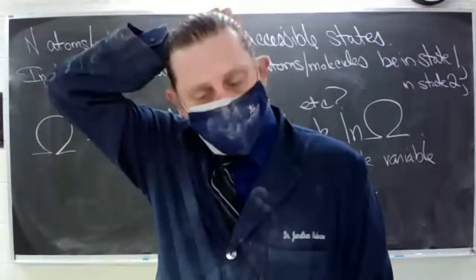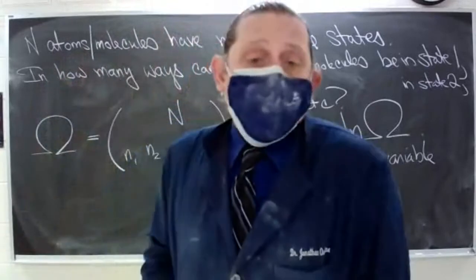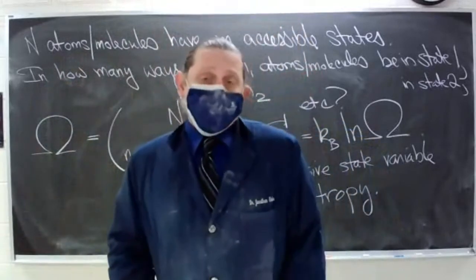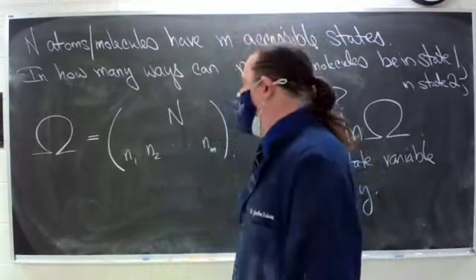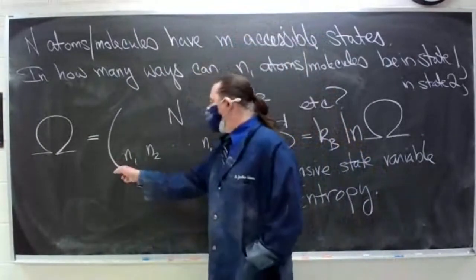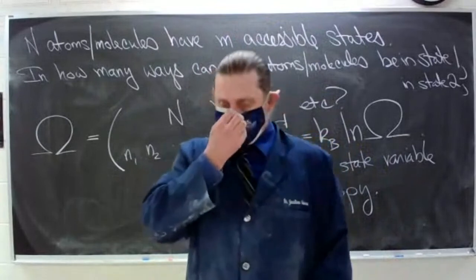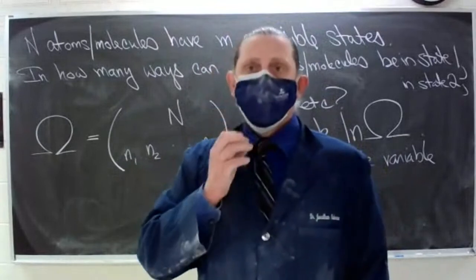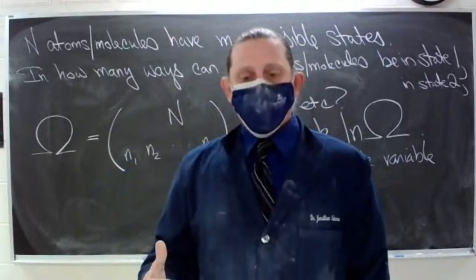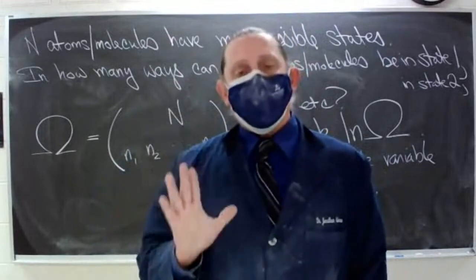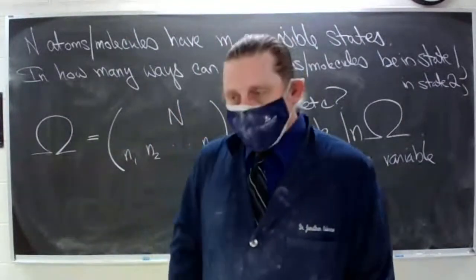The larger entropy. So now all we're going to ask is, how can we maximize the entropy? Well, more or less obviously, I'll get absolute maximum entropy when I have the same number of atoms and molecules in each of the states.